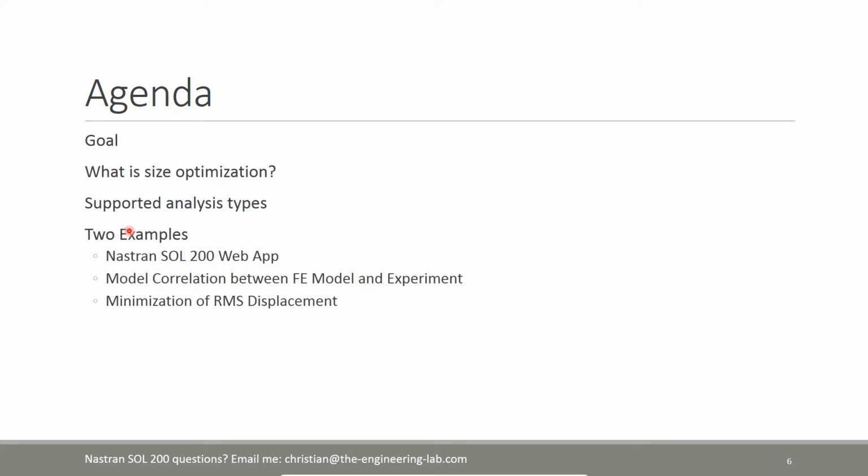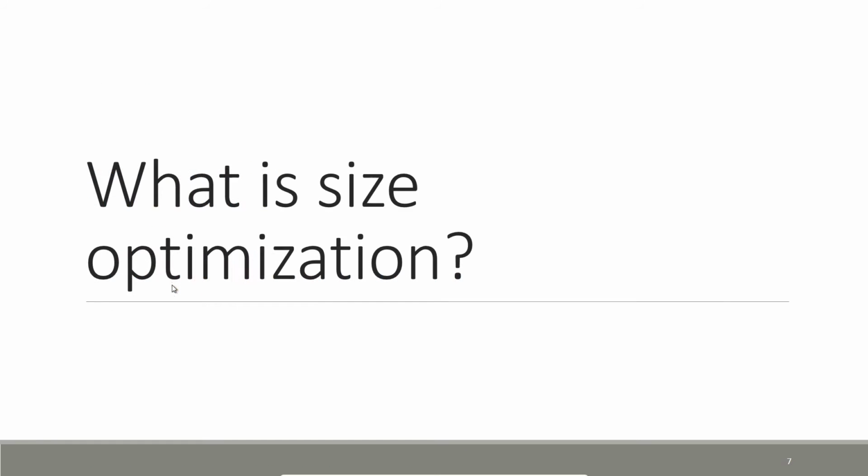So I have to really point out what's supported in Nastran Solution 200. And then after that, I'll give you 2 examples that I believe are relevant to an automotive engineer. So I'll present those. And then after that, if time permits, we'll have a question and answer session.